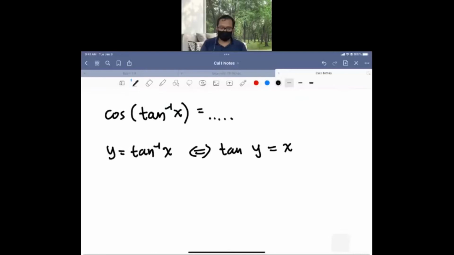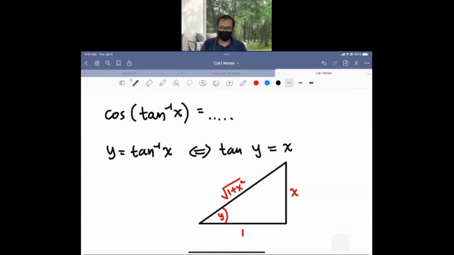Now we have a tangent, and then we make a triangle. Write y here as the angle. The tangent is x here and 1 here, right? The Pythagorean theorem makes this hypotenuse the square root of 1 plus x squared, correct?